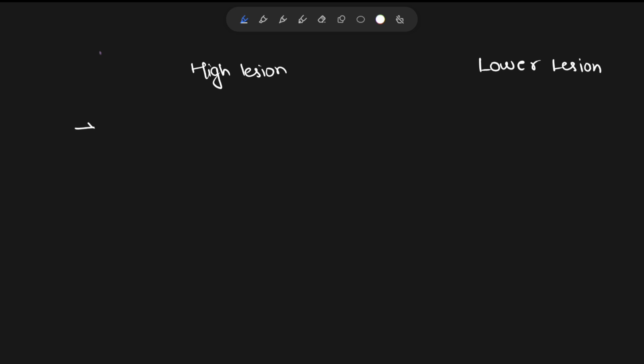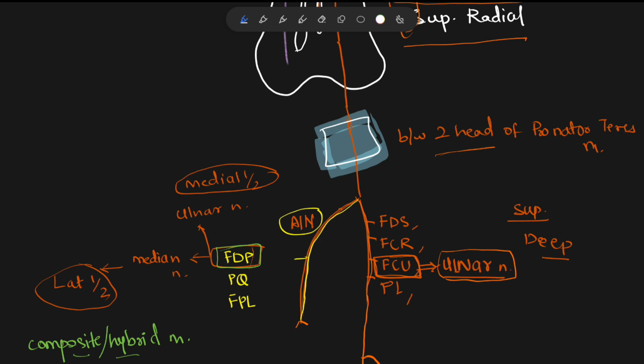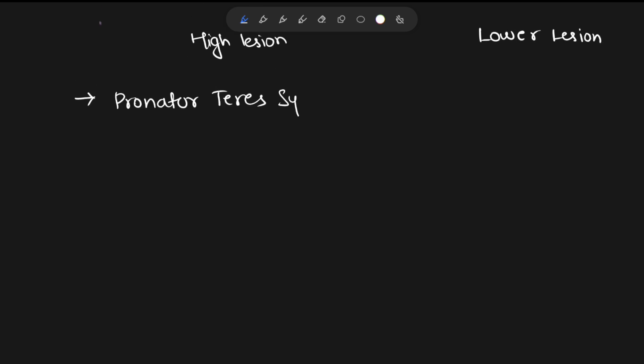In the high lesions, near the elbow, at the level of pronator teres muscle, if any injury occurs here, the syndrome will be pronator teres syndrome.